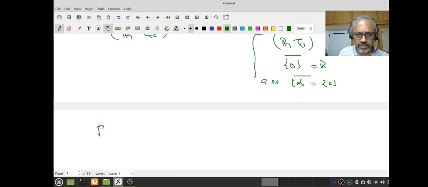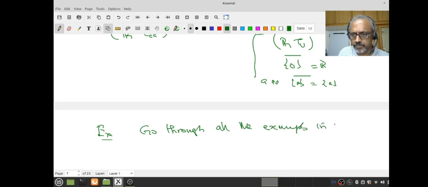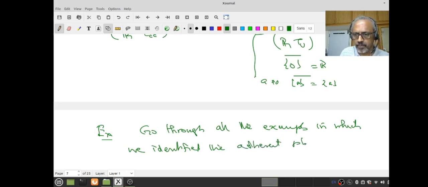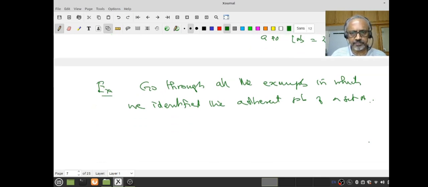So your exercise is to go through all the examples in which we identified the adherent points of a set A, so that we have found A closure, right? Okay, now let's take a break. We will go to something else now.